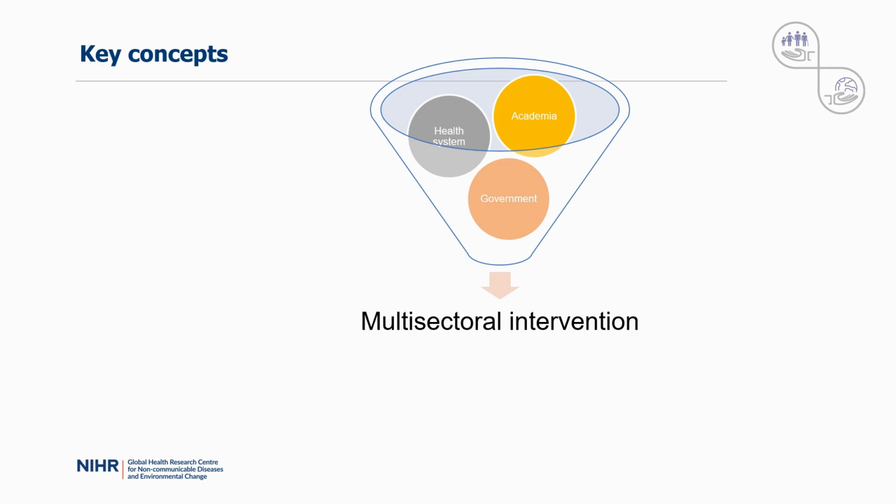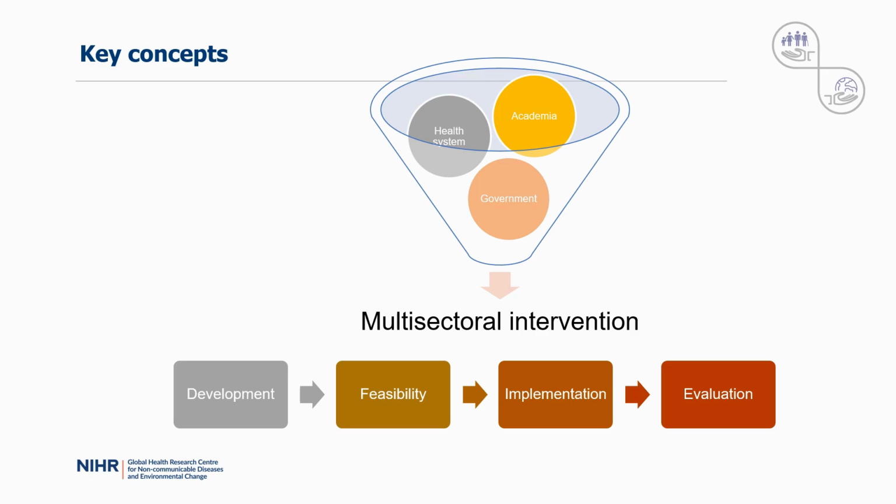And this is often the case of complex interventions. Development of an intervention is usually followed by feasibility testing, pilot implementation, and evaluation, where the process is often iterative and you will be refining the intervention further based on evaluation and follows the process of improvement.